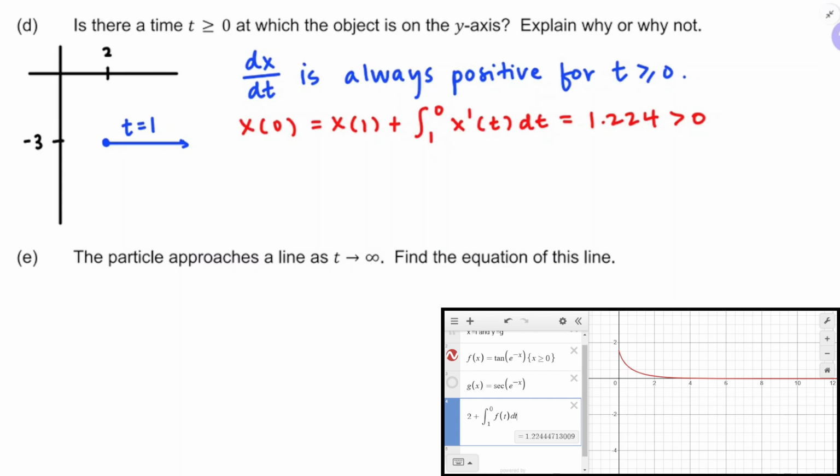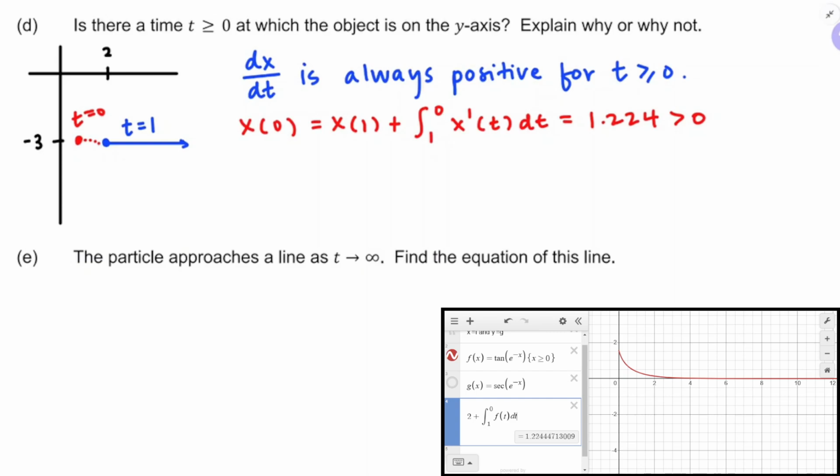And since dx/dt did not have any sign changes, so draw t equals 0. x was 1.224. So it was maybe somewhere over here. y was probably very different, but t equals 0. Between t equals 0 and t equals 1, x only increased, so I know there was no time.